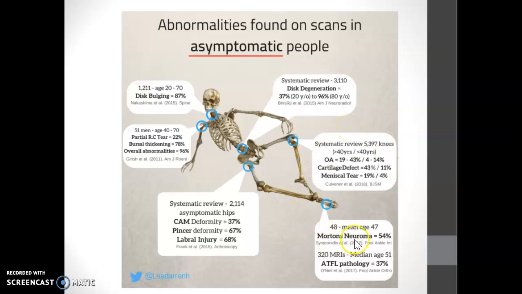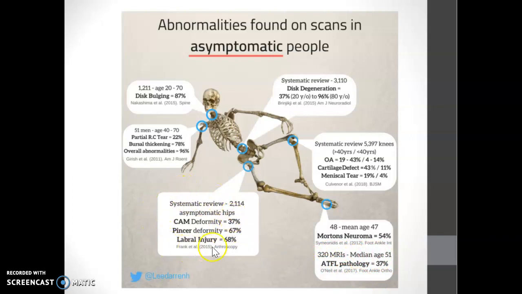Moving down to the foot, so thinking about those that have Morton's neuroma, 54% were found to have Morton's neuroma when looking at a cross-section of patients with a mean age of 47. And then thinking about ATFL pathology, 37% were diagnosed with ATFL pathology. Again, asymptomatic clinically, but when looking on MRI scan with a median age of 51, there was ATFL pathology diagnosed.